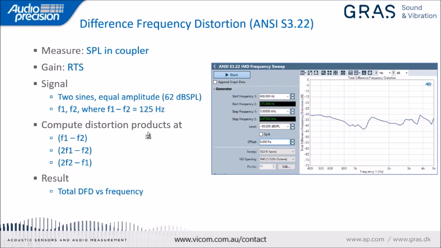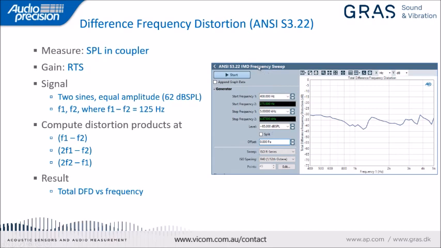Another difference between the two, the ANSI standard has 3 of these distortion products. So these occur at many frequencies, but the ANSI standard calls out measurements at F1 minus F2, 2F1 minus F2, and 2F2 minus F1. And the sum of those distortion products is expressed as a ratio of the overall signal, and the result is to plot the total difference frequency distortion versus frequency.